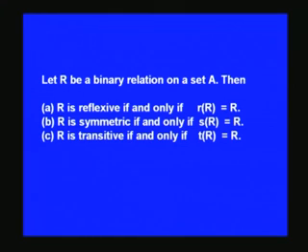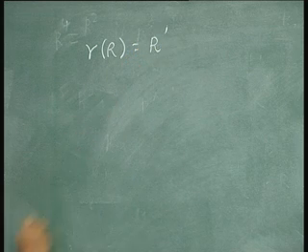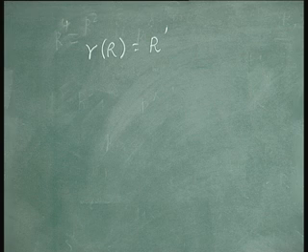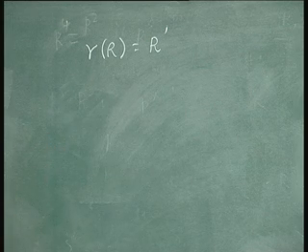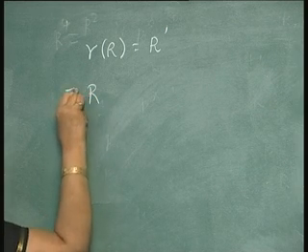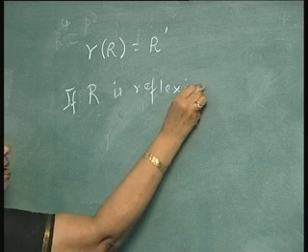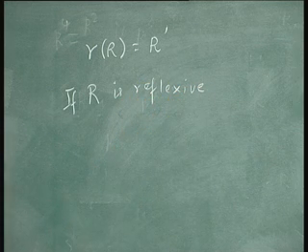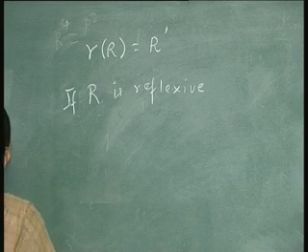Let us take the first one and prove it. Let the reflexive closure of R be R dash. Now, if R is already reflexive, it satisfies all the conditions mentioned in the definition of the reflexive closure.